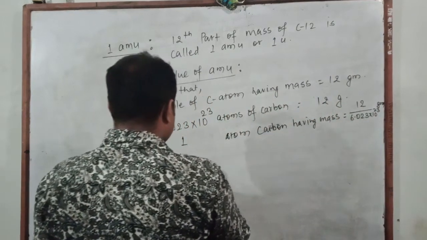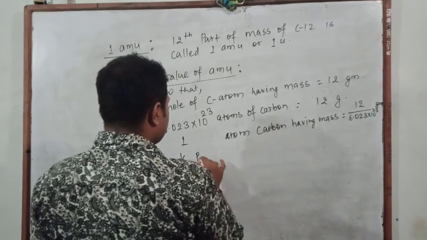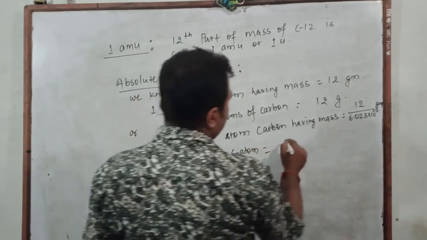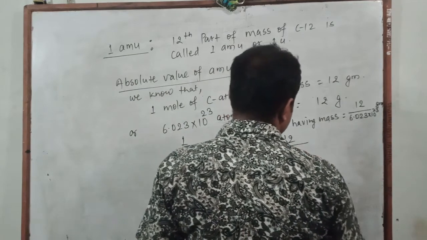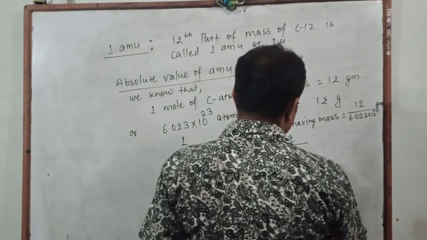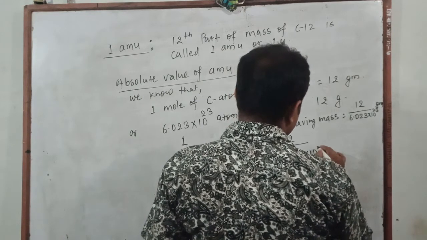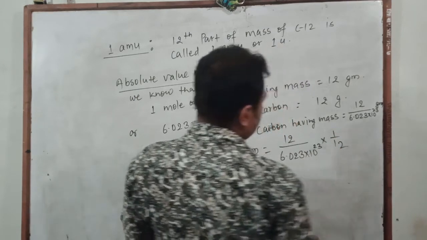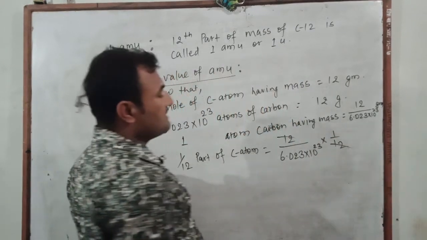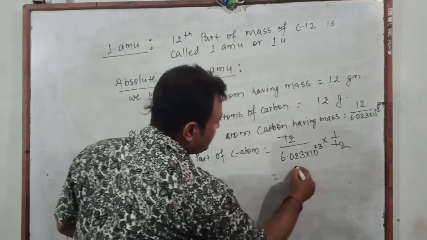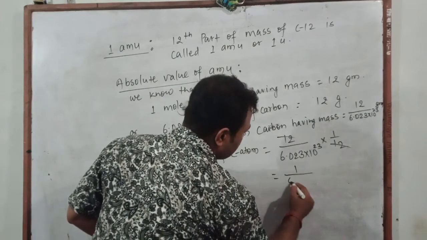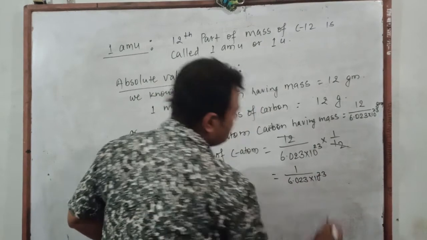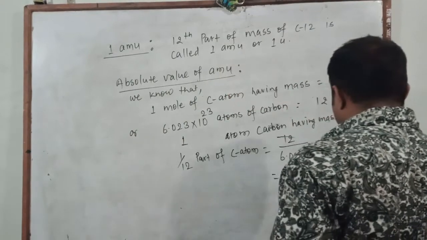And we know that 1/12th part of a carbon atom is equal to 12 divided by 6.023 into 10 to the power 23, into 1/12. That 12 gets cancelled, and the remaining is 1 by 6.023 into 10 to the power 23 gram.